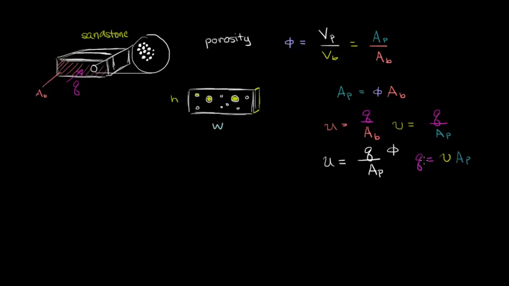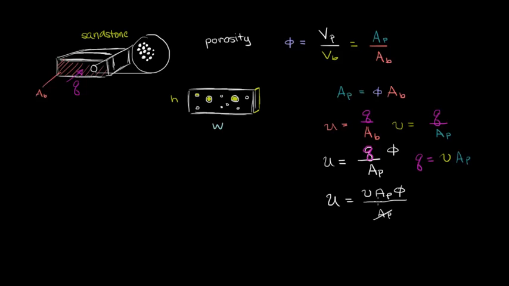And if we substitute this q into the expression for u, we will have u equals v times a sub p times phi divided by a sub p.